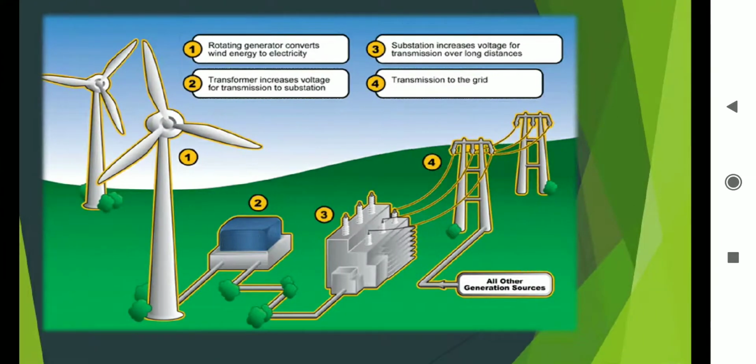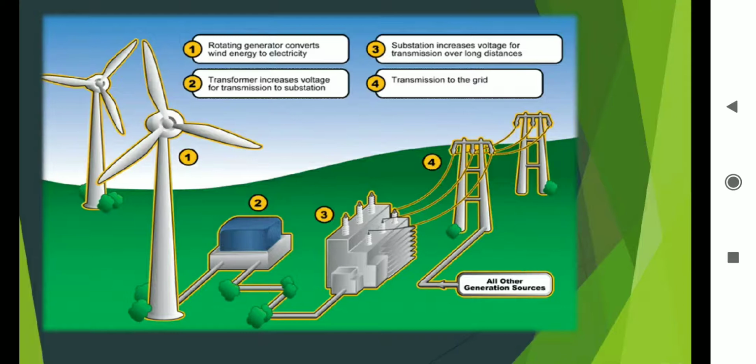Here is the graphical representation of how electricity is generated through wind energy and how transmission takes place. First, the rotating generator converts wind energy to electricity. Second, a transformer increases the voltage for transmission to the substation. Third, the substation increases the voltage for transmission over long distances, because we need to transfer this electricity over a long distance.